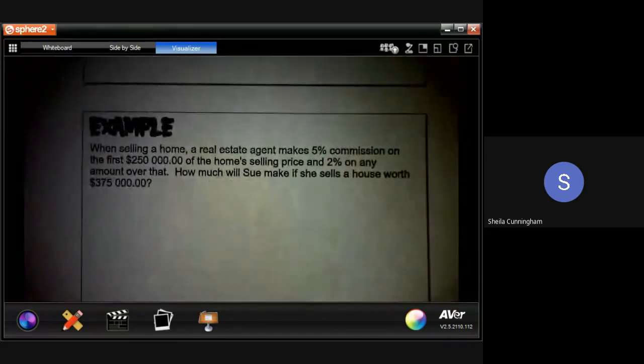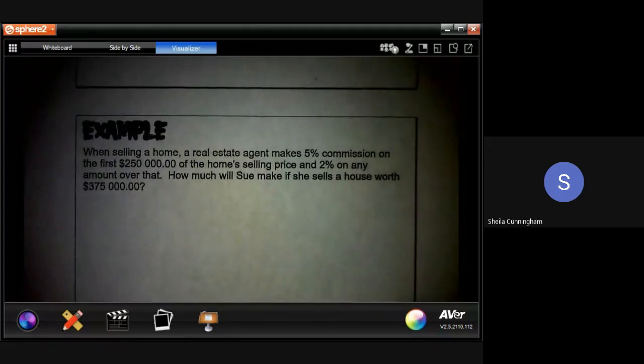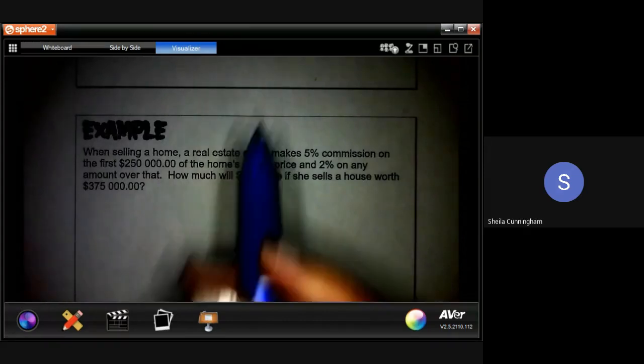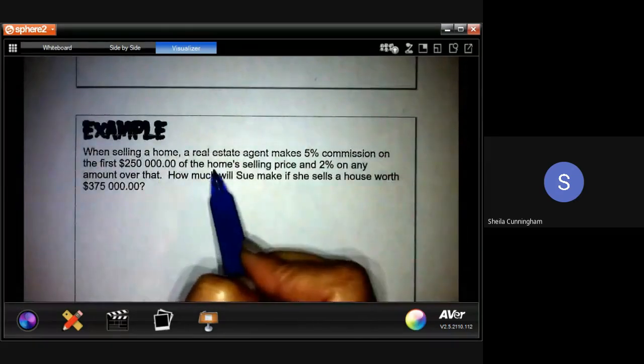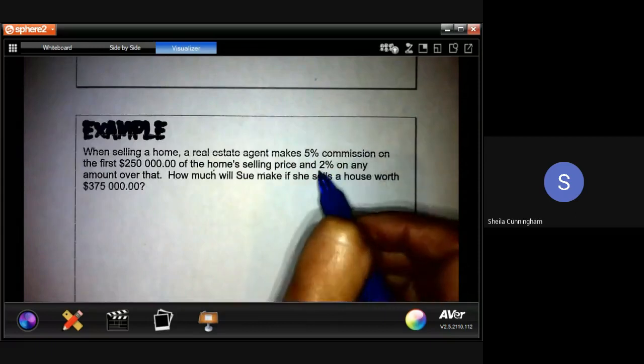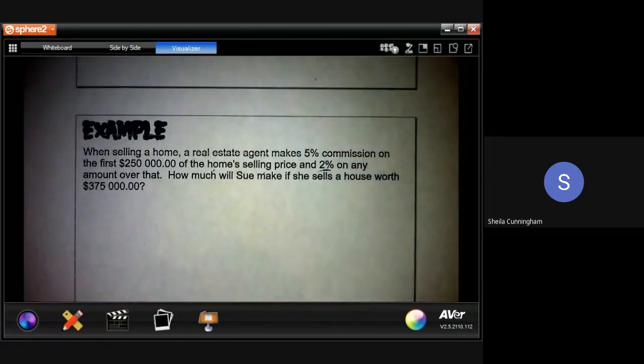Okay, so second example, when selling a home, a real estate agent makes 5% commission on the first $250,000 of the home selling price, and then makes 2% on any amount over that.